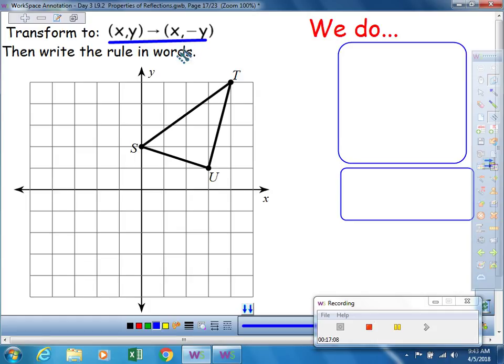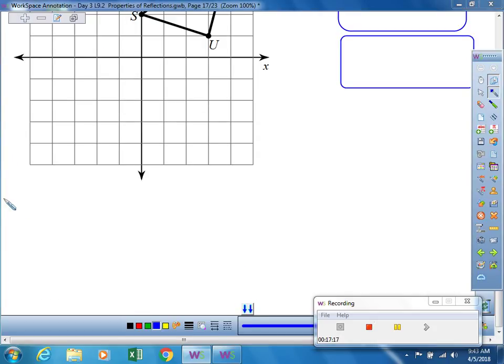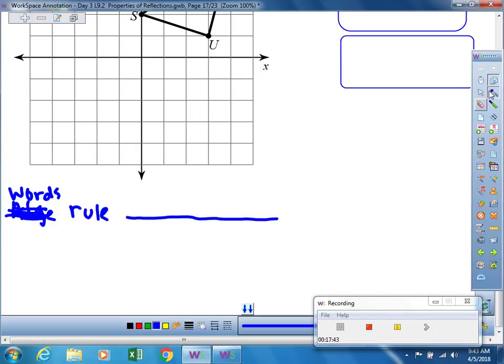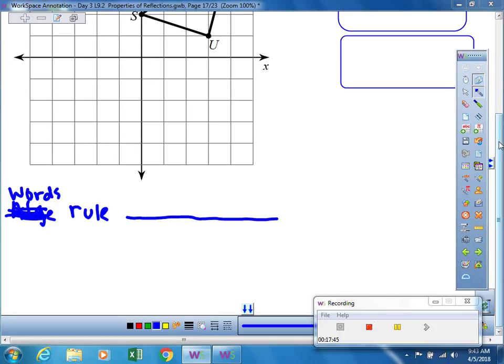And then see at the bottom, where it says algebraic rule, cross off algebraic and put words. Words rule. Because words do rule. Math rules.